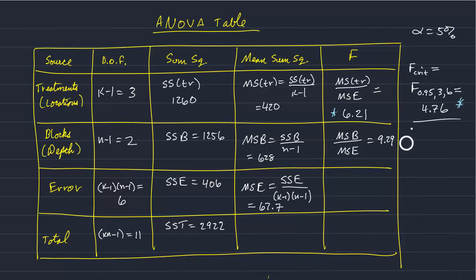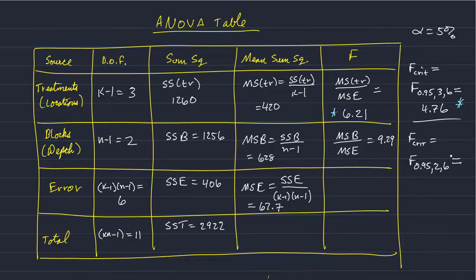And so the critical value for F is F again at a probability of 0.95 for 5% significance. Again, we're looking at the right tail of this F distribution, and the degrees of freedom are 2 in the numerator and 6 in the denominator.